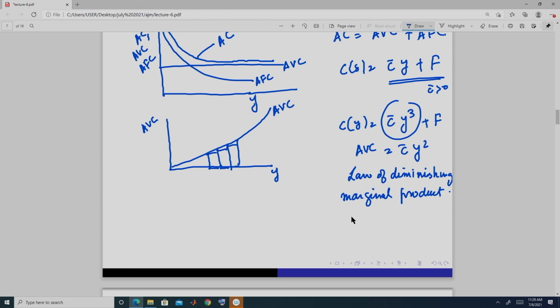Another example of this kind of AVC can be this, where AVC, if you see, is an upward sloping straight line.